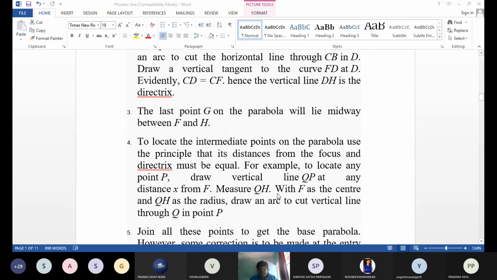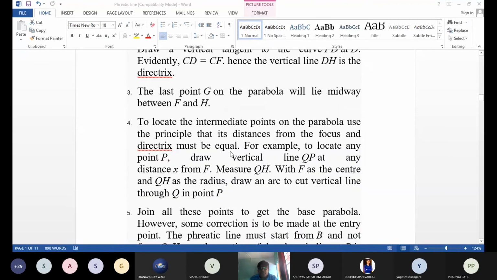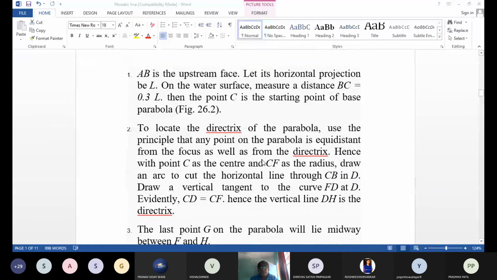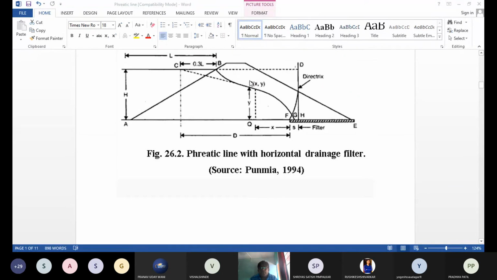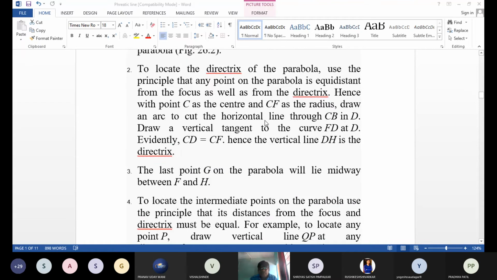So for example, to locate any point P, draw the vertical line QP at any distance x. Suppose you have to locate the point P here, having the vertical distance y and the horizontal distance x from this focus point. Then as usual, we go for the procedure.